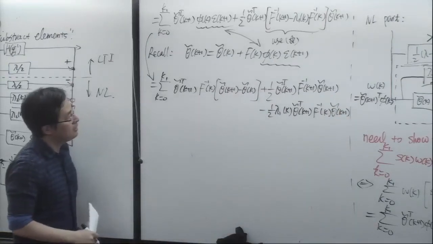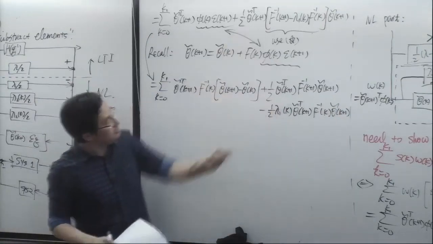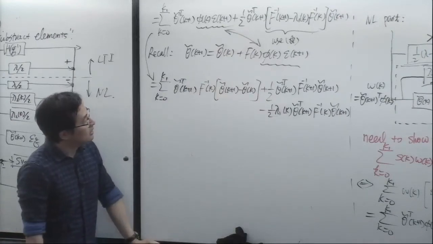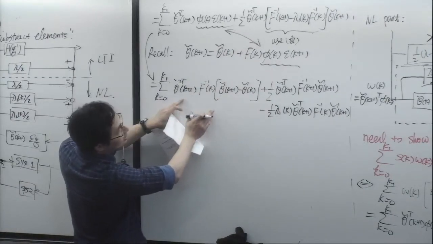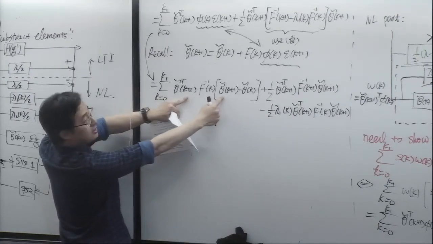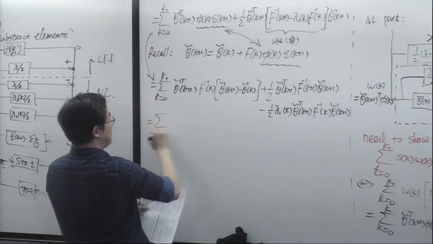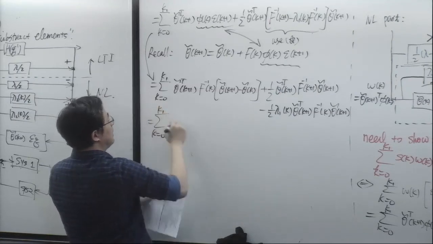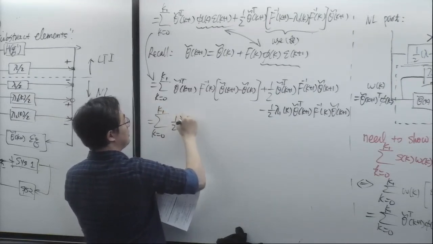Okay, break it into two. Now we see we can combine this with part of the first product here, and we can get half of theta tilde transpose.